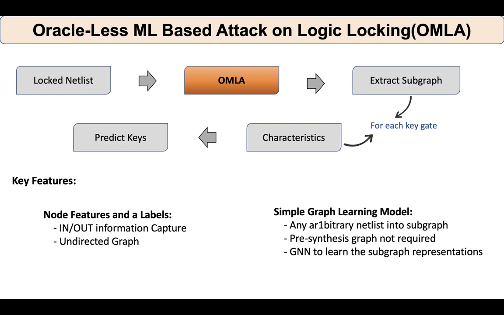One key point for OMLA is node features and levels, because it uses input and output information and it considers the whole netlist as an undirected graph. Another is, unlike SAIL, as it is considered a graph representation, a graph neural network is used as the model. But like SAIL, no pre-synthesis subgraph is needed for OMLA.